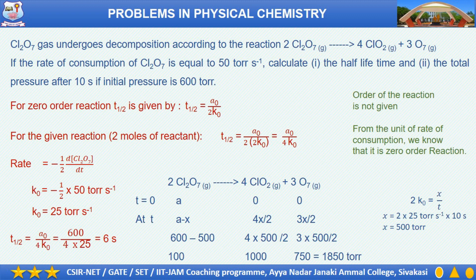And one thing: what about the order of the reaction? We have forgotten. Is any order given? No, sir. How to calculate the t 50% using this equation? How to find out the order of the reaction? Anybody?